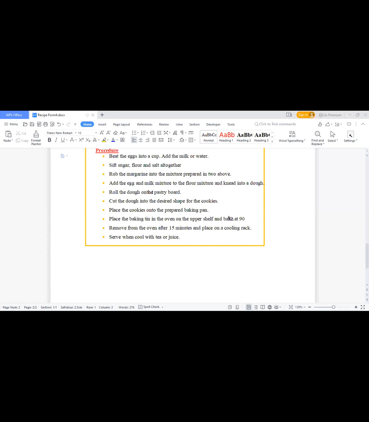And again, teacher, by any chance, there are some of us who are not familiar with the kitchen terms, and I can see there is a pastry board and all those kitchen items.